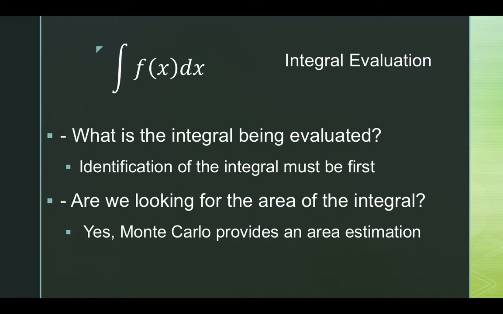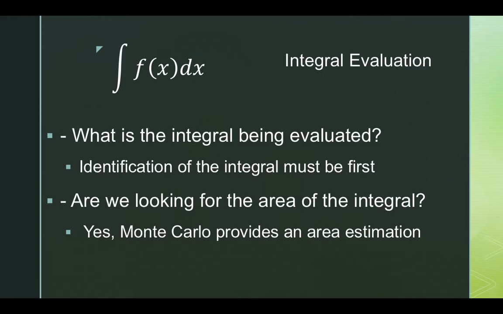From what we know from mathematics, we have integral evaluation, which we can do in general for most functions. But when those functions get really complex, we'll be looking into Monte Carlo. Normally, we want to look at what the integral is and how it can be evaluated.